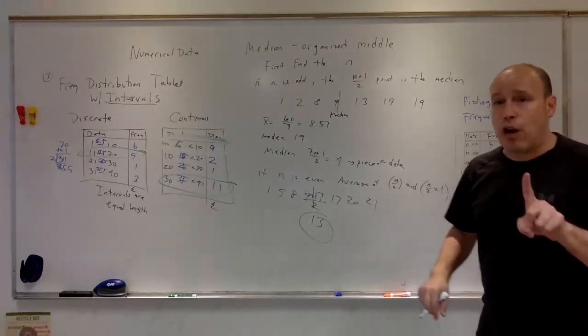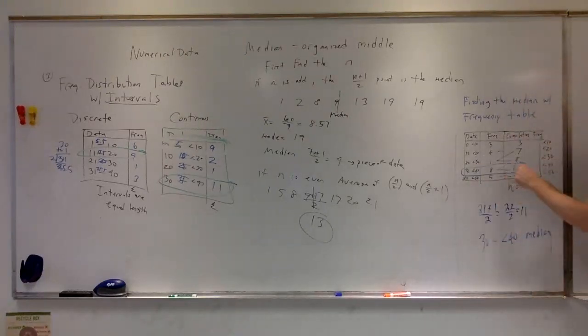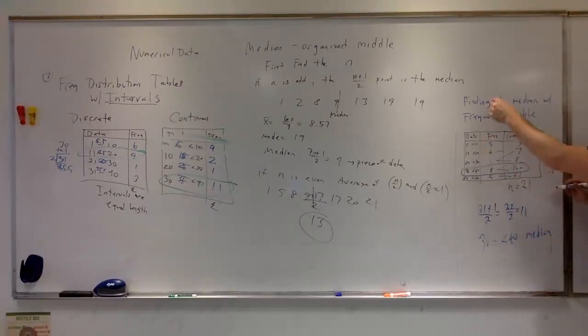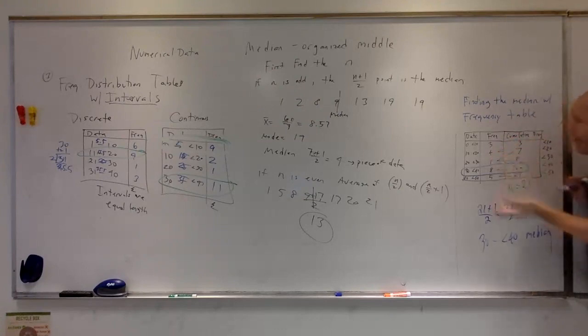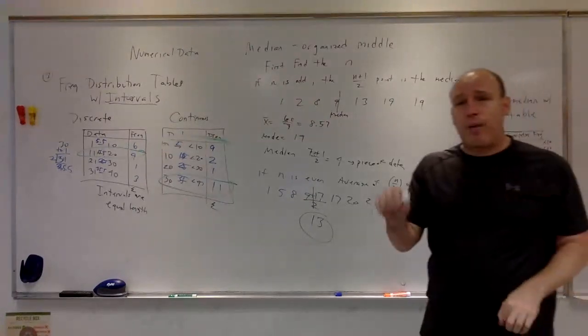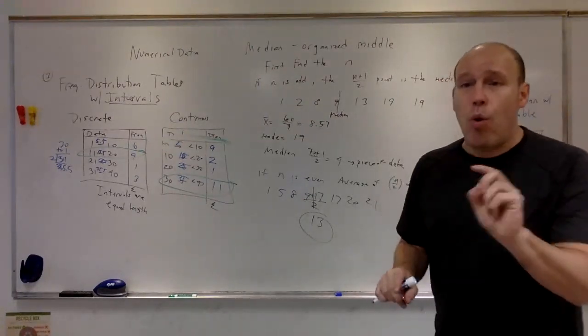Once again, I don't know what specific piece of data it is, but I know that it's in this interval. So when you find the median for a frequency table, add this new column called the cumulative frequency, start adding up the frequencies, and this will tell you where the data point is.